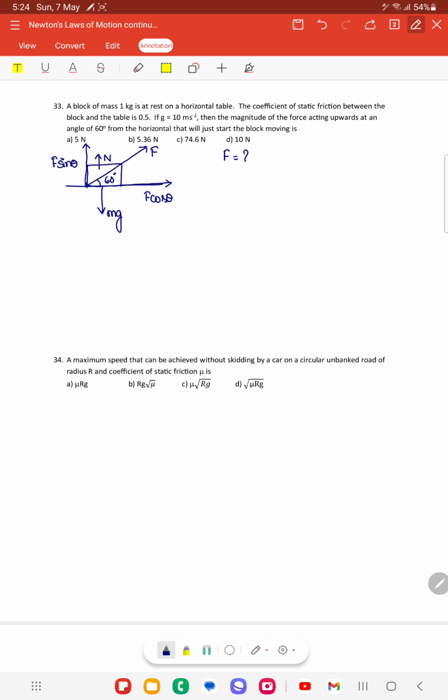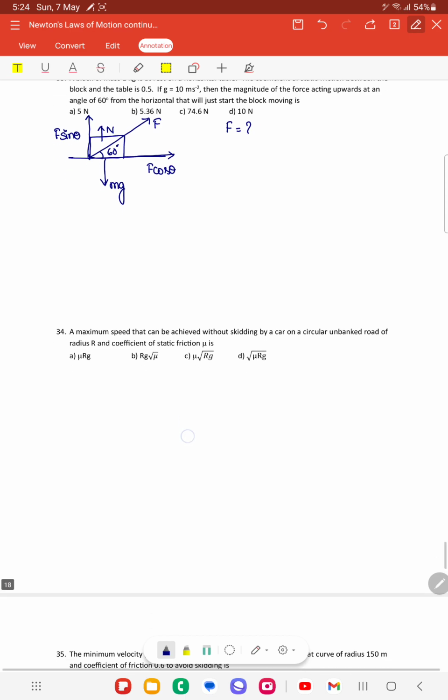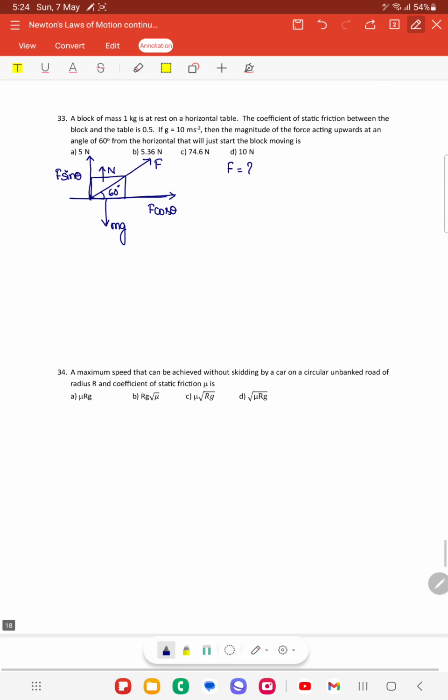We know that the object is not moving in the vertical direction, so N plus F sin theta should be equal to m into g, or N equals mg minus F sin theta.